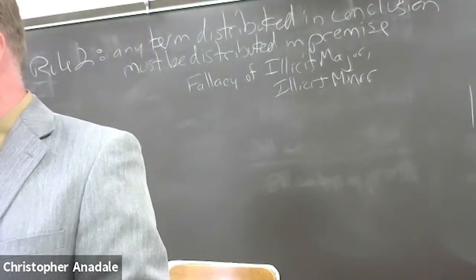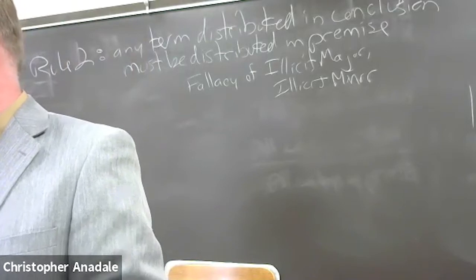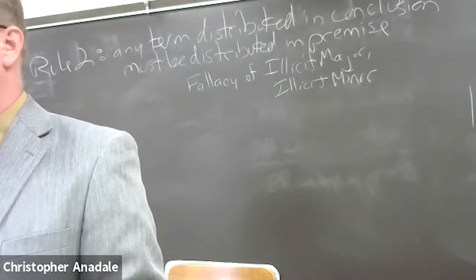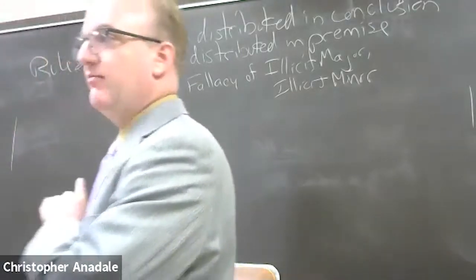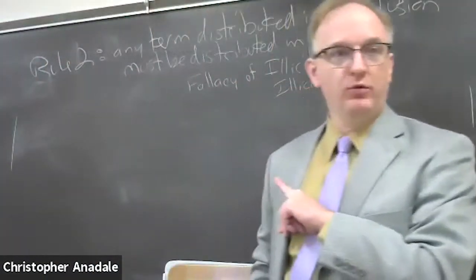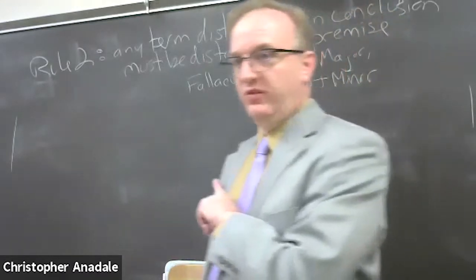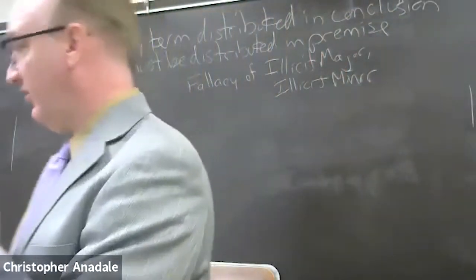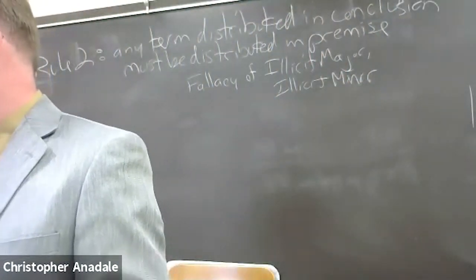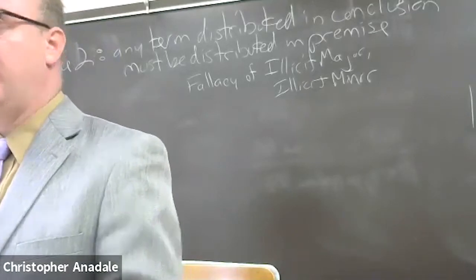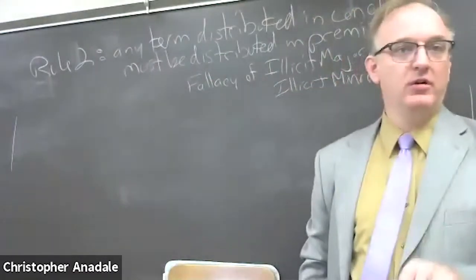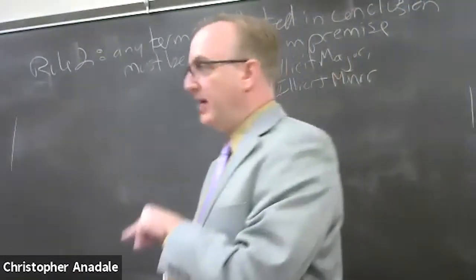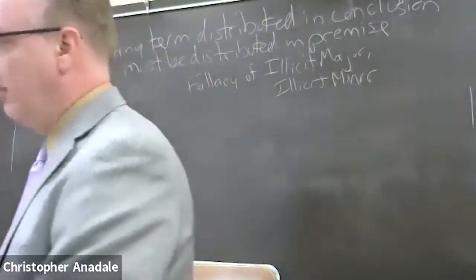So the asymmetry here, keep in mind, is that the premises have to cover the checks written by the conclusion, not the other way around. So don't make the mistake of applying rule 2 and trying to find a rule 2 violation where there's a distributed claim in the premise that's not paralleled in the conclusion. It's the opposite problem you want to worry about here. It's that the conclusion is making a greater distributed claim than the premise is about the term in question.